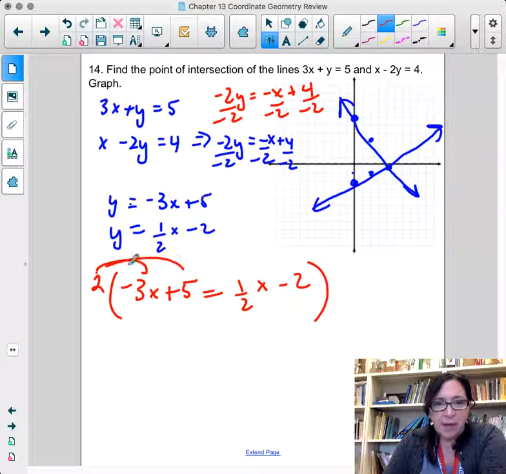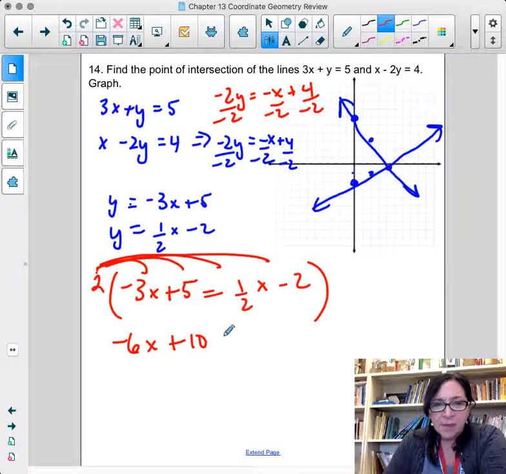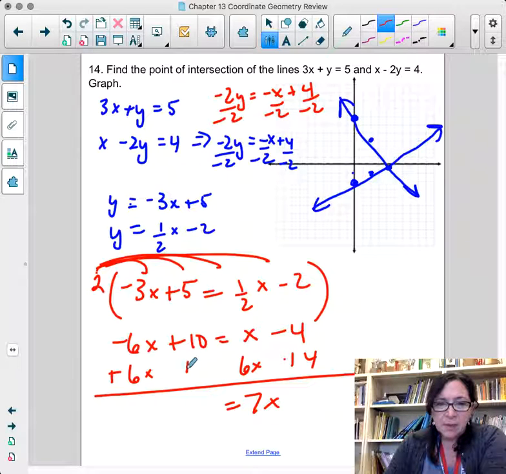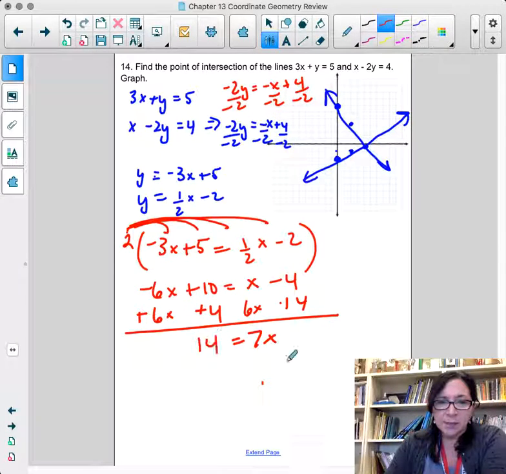So if I were doing that, every single thing gets multiplied by this 2. So it becomes -6x plus 10 equals 1x minus 4. I'm going to add 6x to both sides, and that's going to give me 7x. I'm going to add 4 to both sides, and I'm going to get 7x equals 14, and x is equal to 2.